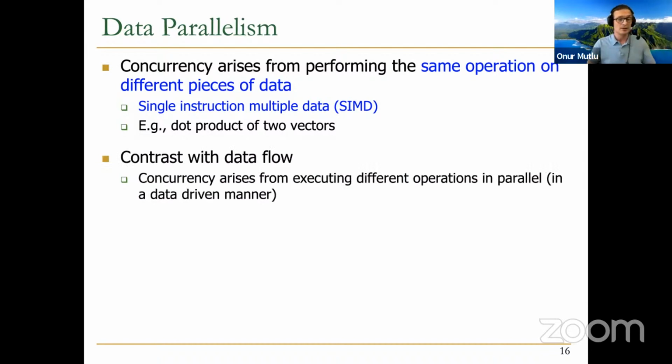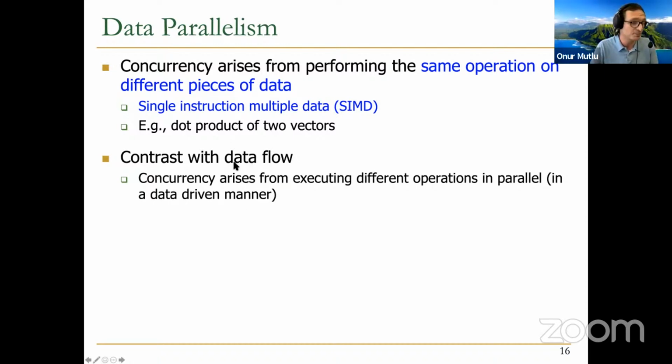In data flow, as we have seen in both the data flow at the ISA level paradigm, as well as out-of-order execution, concurrency arises from executing different operations in parallel in a data-driven manner. So this is very, very irregular. Data flow was very irregular. SIMD is, in contrast, very regular because the same instruction is applied to many, many data elements.